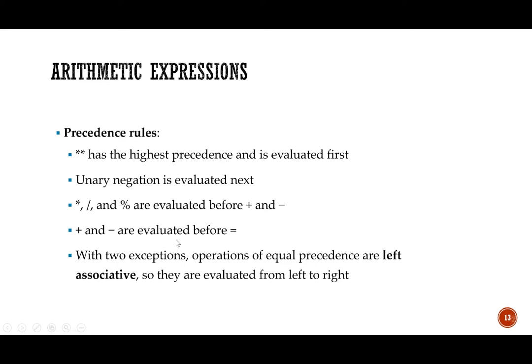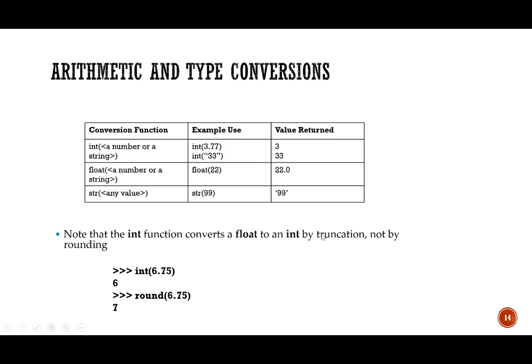Addition and subtraction are evaluated before equality. So here's a note: with 2 exceptions, operations of equal precedence are left associative, so they are evaluated from left to right. This is just the precedence rules for arithmetic operations that most likely you have seen before.